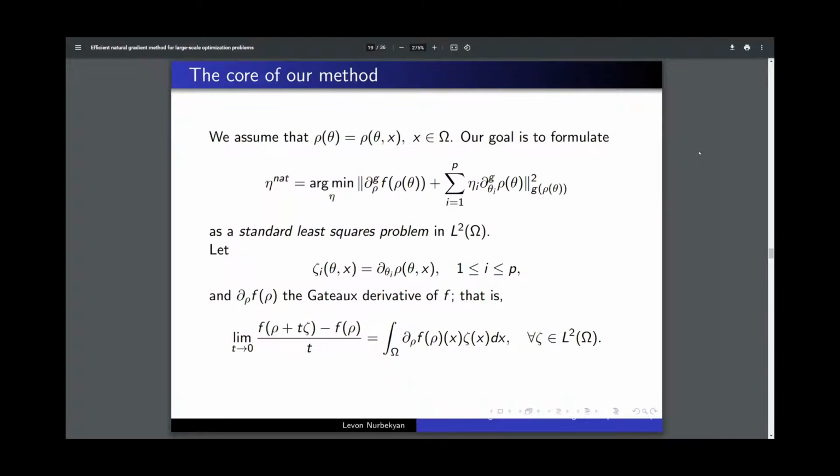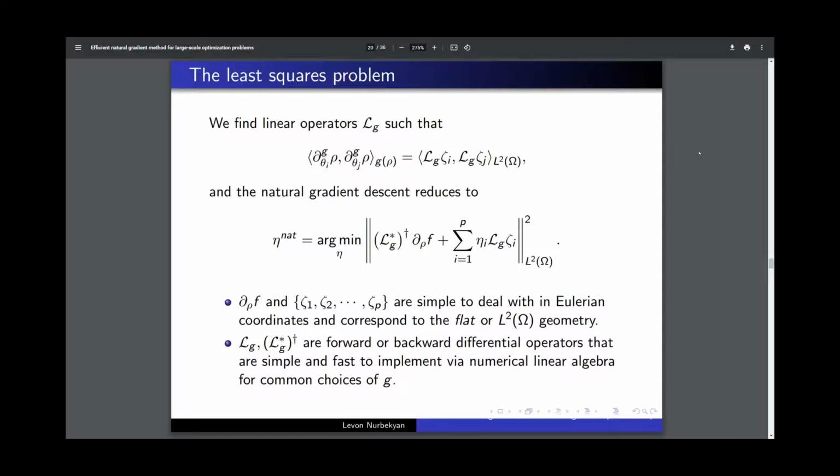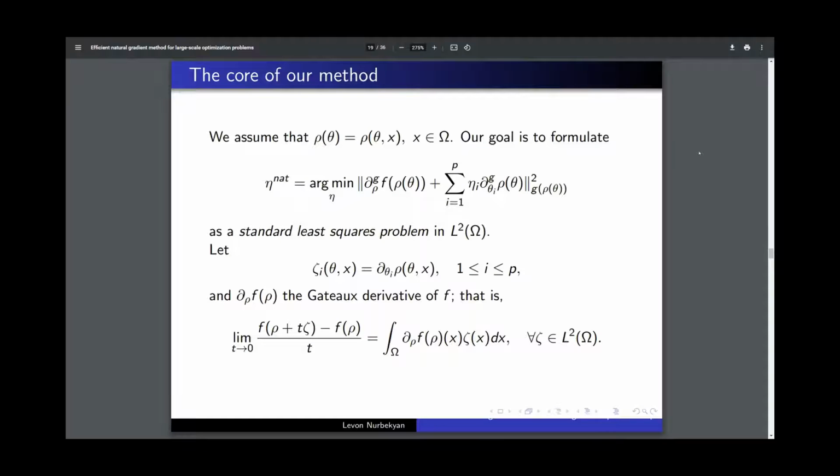And so the key idea is to turn this problem into a standard least squares problem.